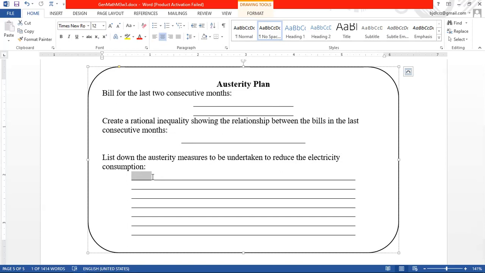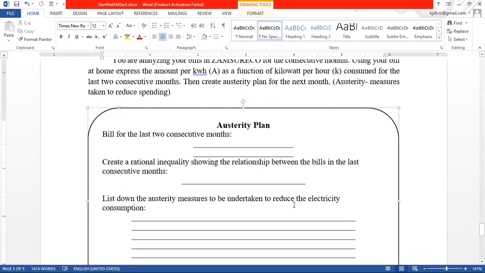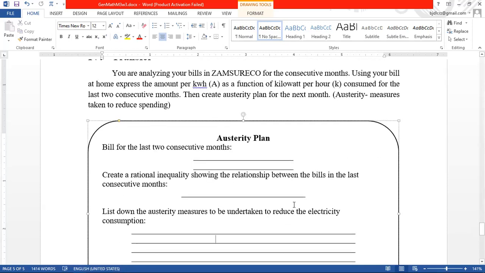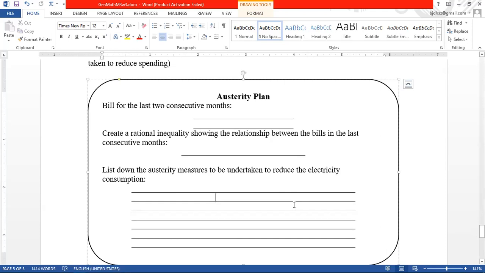Sige open sa ref, kay makadako sa kuryente, ana. Like, unsa imuhang mga mahuna-unaan nga maka-reduce sa inyuhang electricity consumption. Okay. So that is for the transfer and we're done.